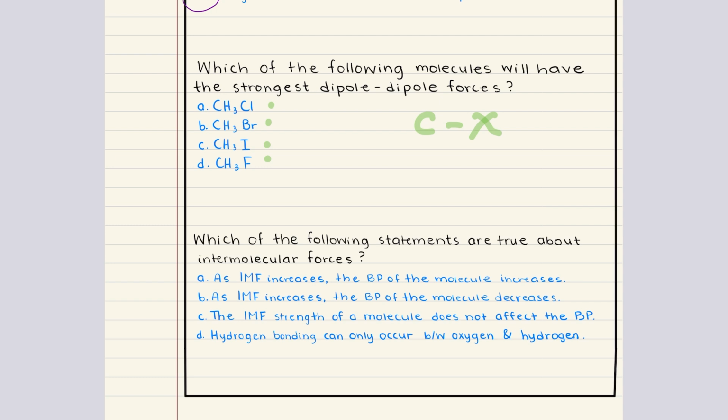We know from previous lectures that fluorine is the most electronegative element, meaning it creates the largest dipole moment in molecule D, and that makes it the molecule with the strongest dipole-dipole interaction. We also know that as we move down the halogen group, electronegativity decreases, so that means the dipole moment also decreases. So the correct answer is D, because fluorine creates the largest dipole moment, leading to the strongest dipole-dipole interactions.